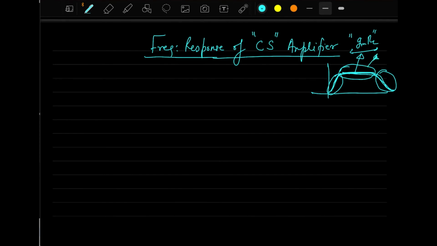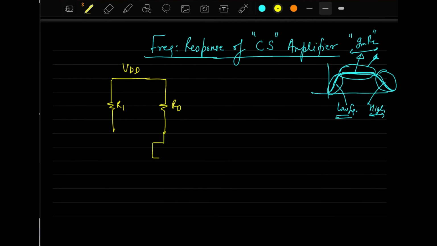So now we will do this and this part. We will do the low frequency part first and then go to the high frequency part. So let's discuss the low frequency part. Let us see, we have this architecture here, which is given like this.